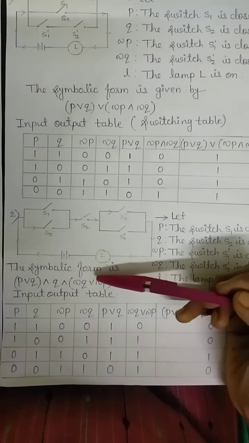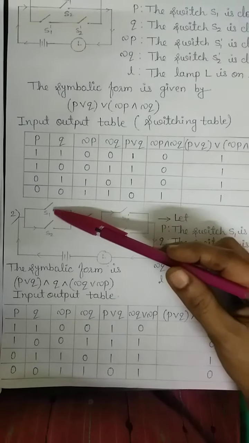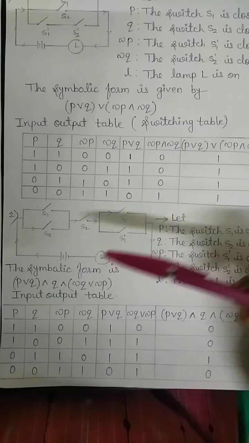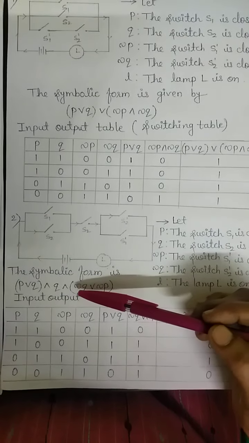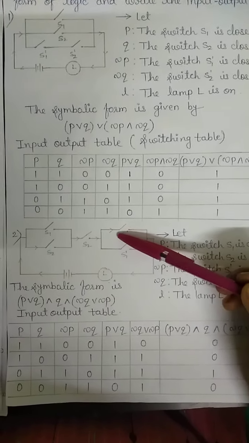Now the symbolic form is given by, since these two switches are connected in parallel, first we will write P or Q, then these two switches are connected in parallel, so here we will write negation of Q or negation of P. Then these two are connected in the middle with S2 in series, so here we will write AND, Q, AND. So this is the symbolic form for the given circuit.